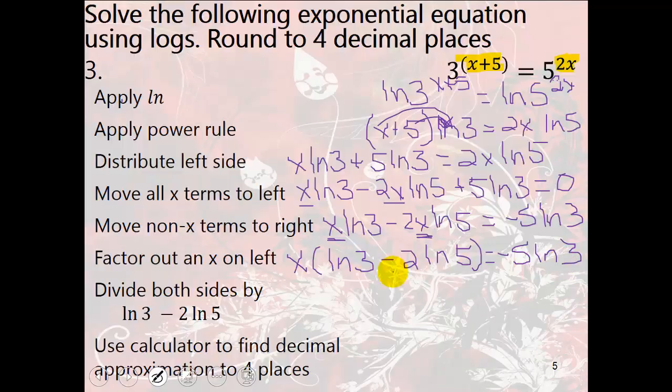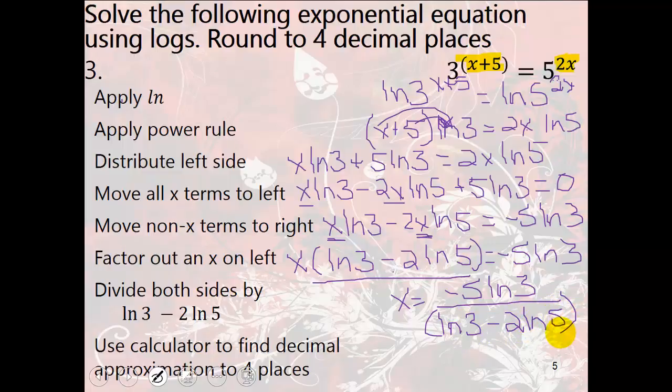Remember, that's just an exact way of writing an irrational number. So when I divide both sides by it, I get x equals negative 5 ln of 3 all over, and I'm going to put it in parentheses because it's the whole thing, ln 3 minus 2 ln 5.